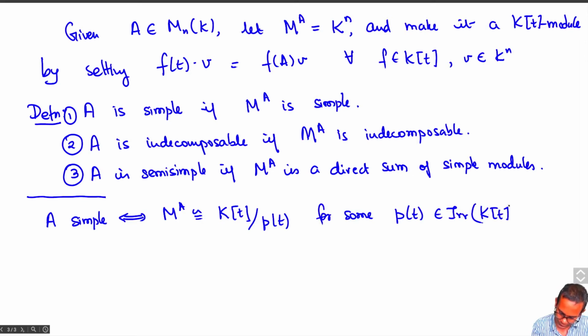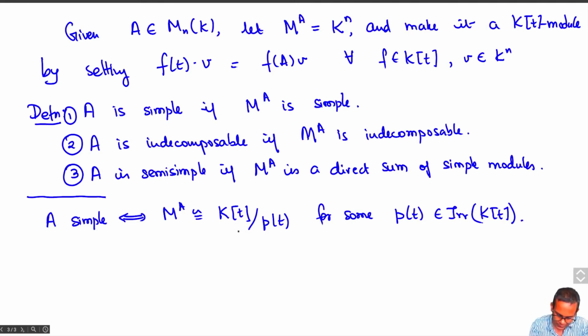Well, we didn't quite see this, but what we saw is that if M is indecomposable, then it is of the form K[T] mod P(T) to the n. And since every simple module is indecomposable, it's not difficult to see that the only simple modules among K[T] mod P to the n are the ones where n is equal to 1. So modules of the form K[T] mod P(T).